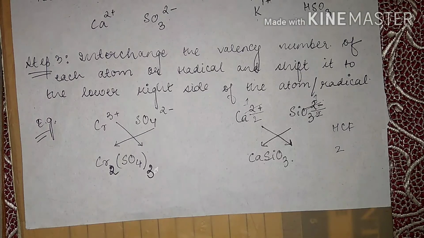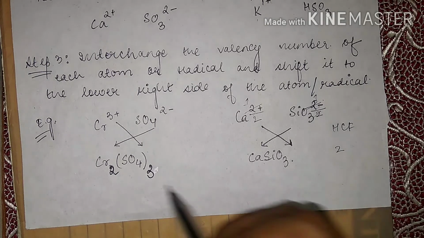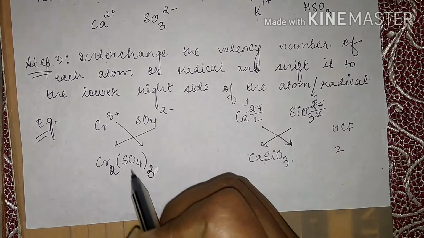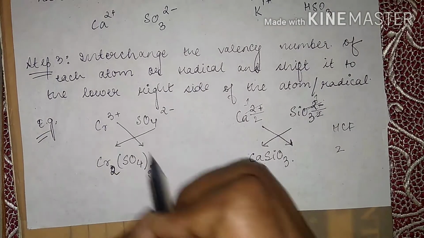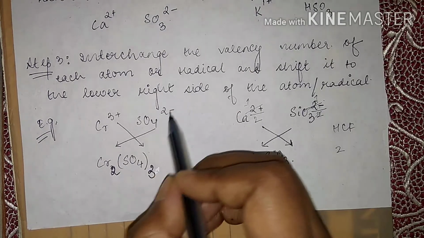Next point is, if valency number of the radical in the compound is 2 or above 2, then enclose the radical in a bracket with the numbers on the right of the bracket at the bottom, as we did in this. The valency number of this sulfate came out to be greater than 2, that is 3.